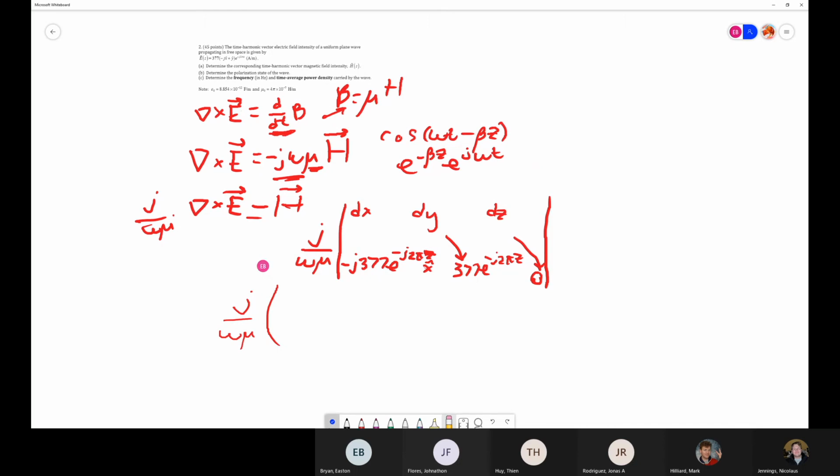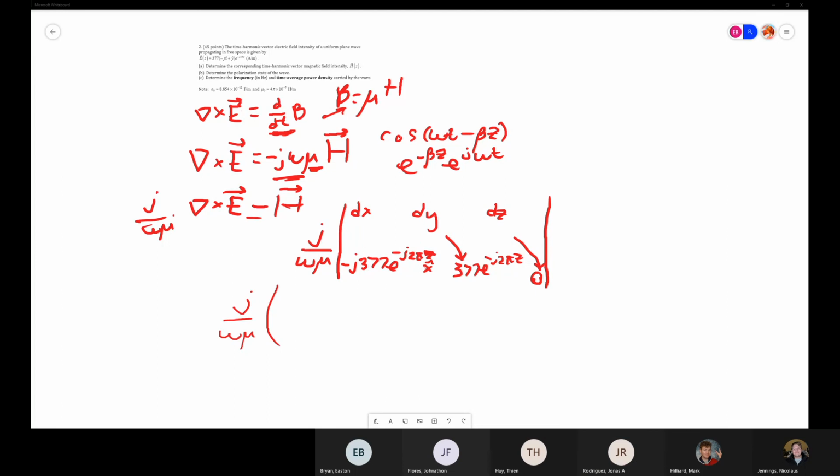When you want the x component of the cross product, you cover up all the x components and just look at the y and the z. So you would take dy times 0 and then you're going to subtract.